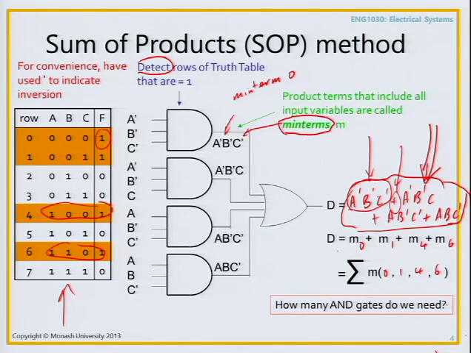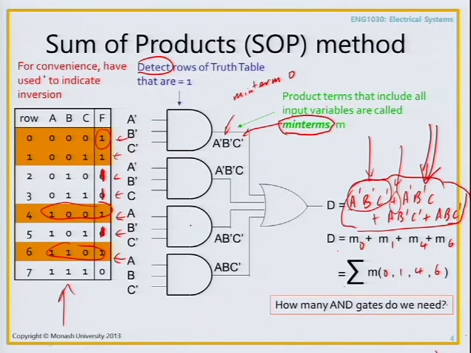Right? So if alternatively this was a 1, this was a 1, and this was a 1, how many AND gates would I need in that case? 7, right? Because if I had 7 1s in the truth table, then I would need 7 AND gates, 1 to detect each row of my truth table.